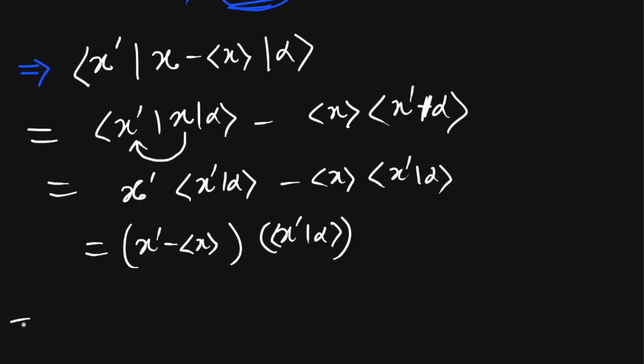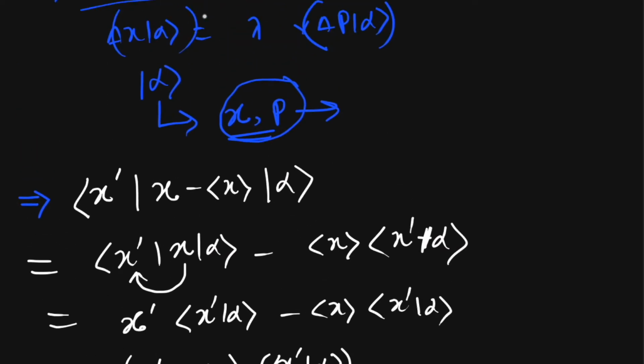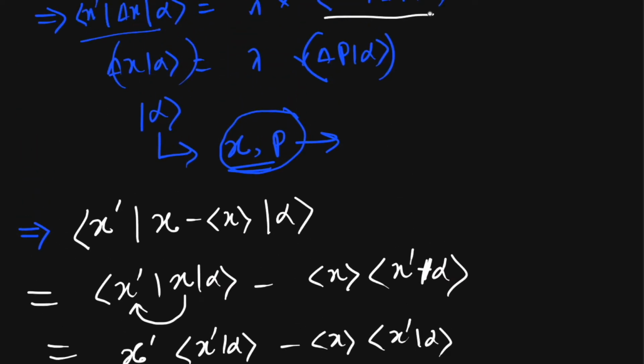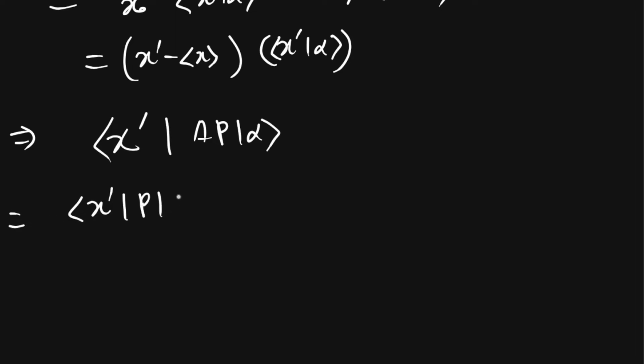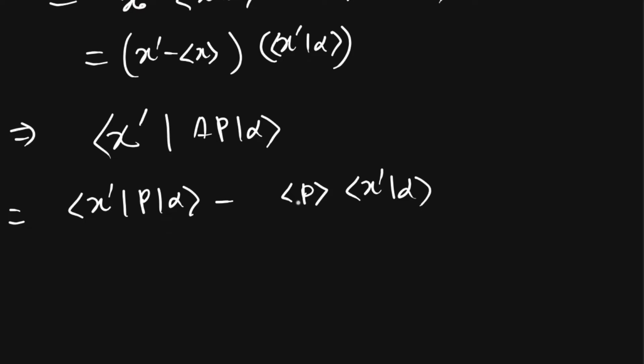Now let us calculate the other thing, x prime delta p alpha, which is equal to x prime p alpha minus average of p x prime alpha.